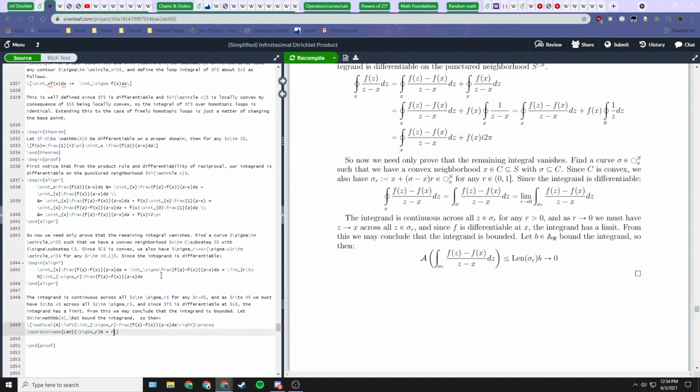Or we could be more explicit and just say that this is r times the length of sigma times b, and thus this limit is 0.